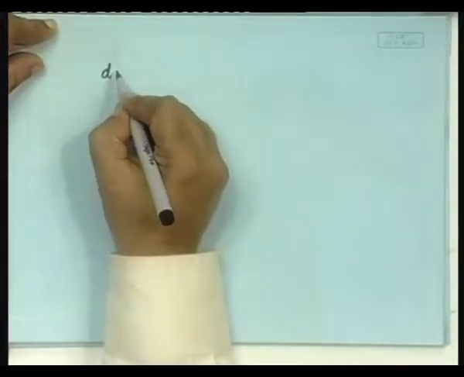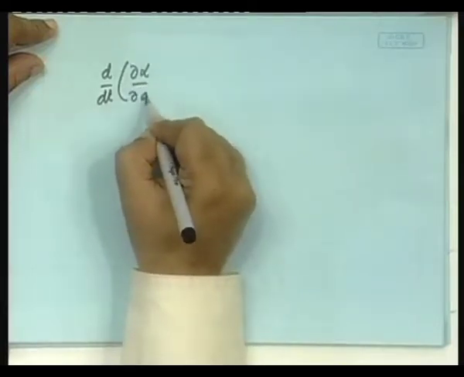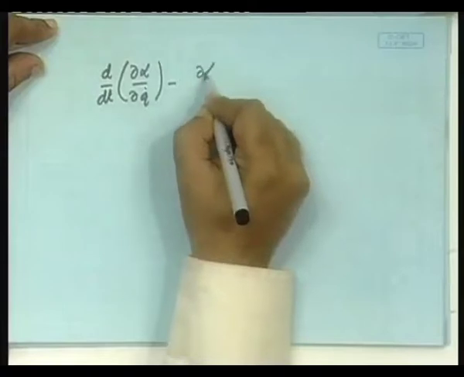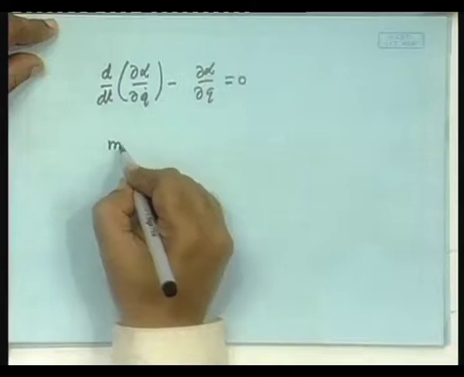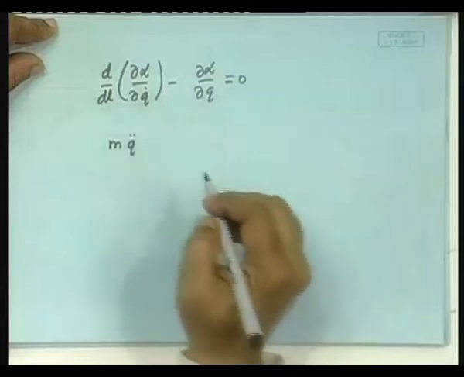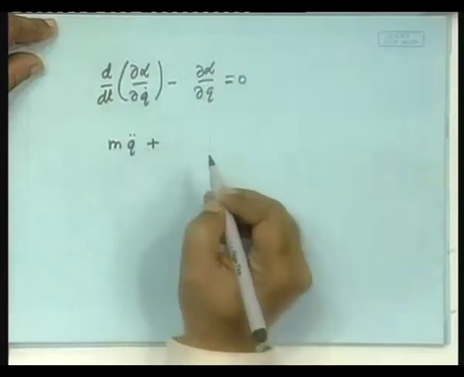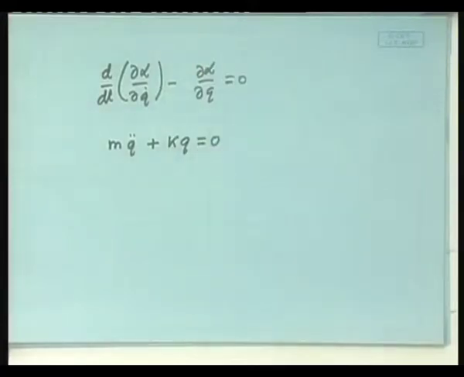You get d dt of dou L dou q dot minus dou L dou q, substitute this, you get m q double dot here, because it is again derivative with respect to time, plus k q equal to 0. That is the equation of the system. Okay. Pretty simple really.